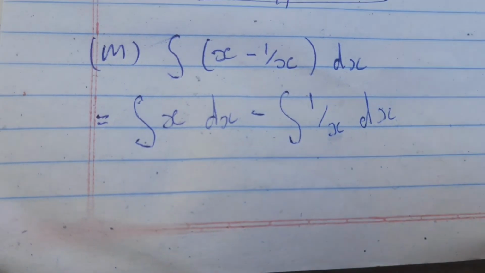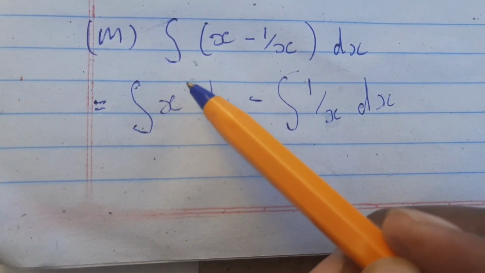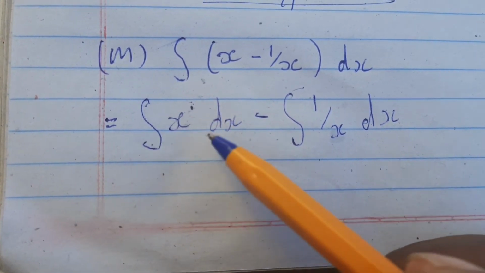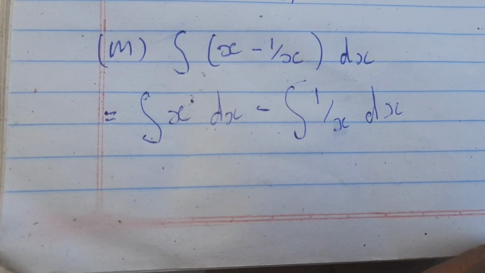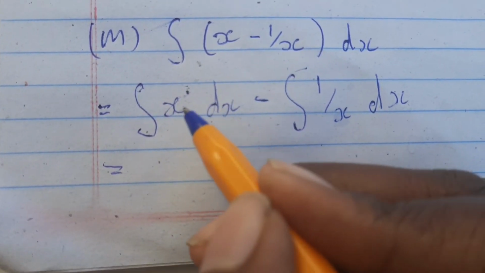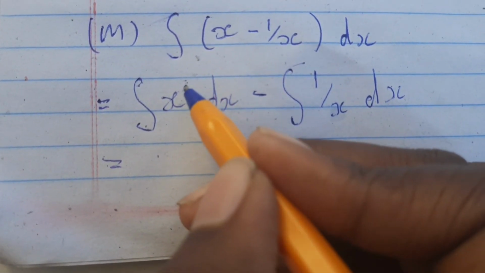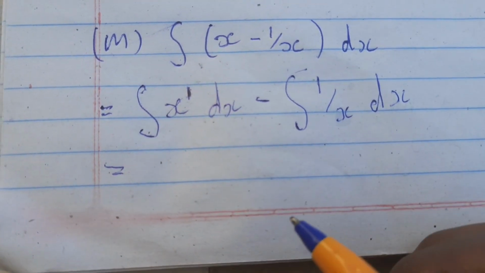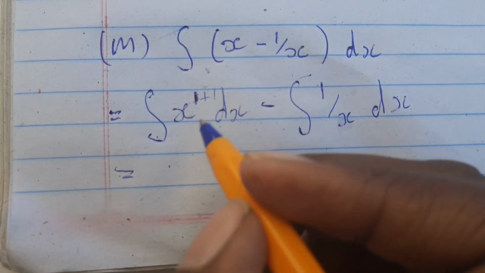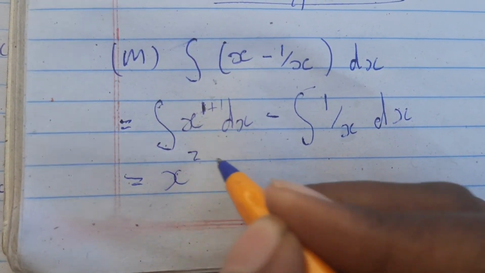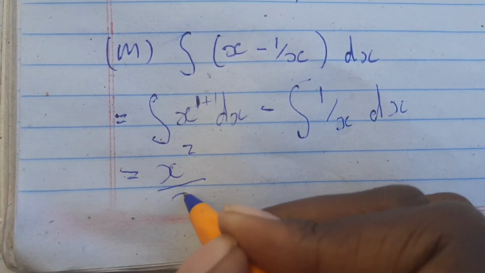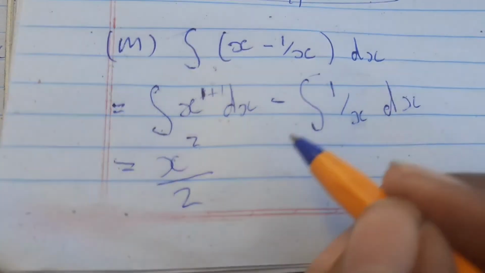Remember, when integrating, we add 1 to the power, and then the new power you get, you divide by the entire value. For the integration of x, when you see nothing there, there's just an imaginary 1. So 1 plus 1 is 2, so x squared, divided by the 2 that we have, and we're done.